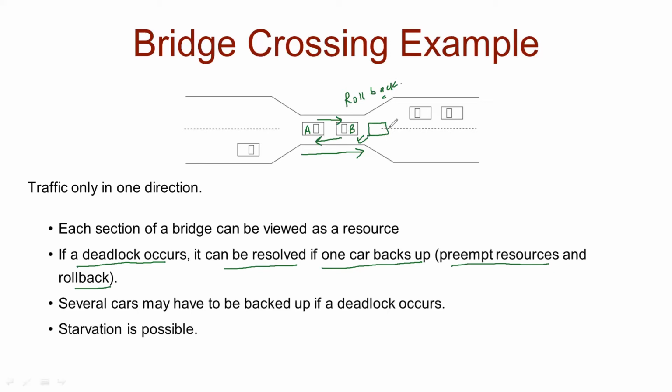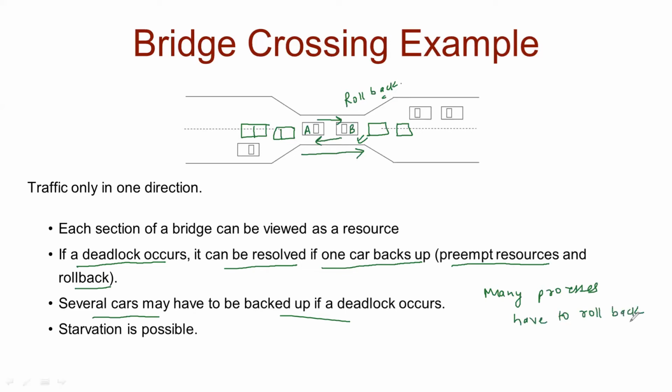But what will happen if so many cars are in line? For either of the cars to pass the bridge, all the cars on the opposite side have to roll back. So several cars have to be rolled back. So in terms of processes, it is possible that to avoid deadlock, many processes have to roll back.